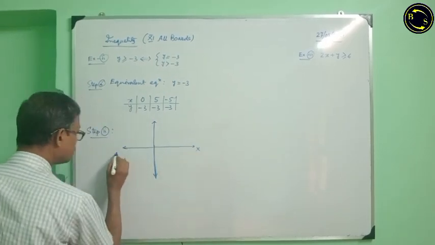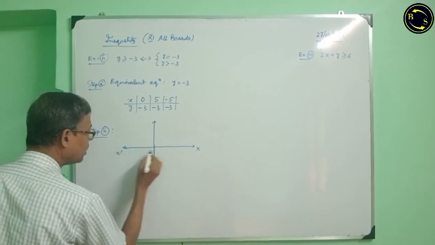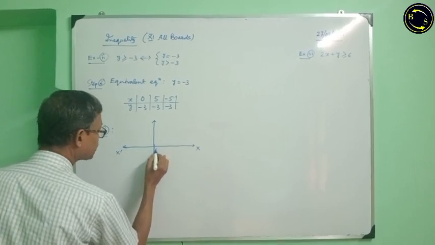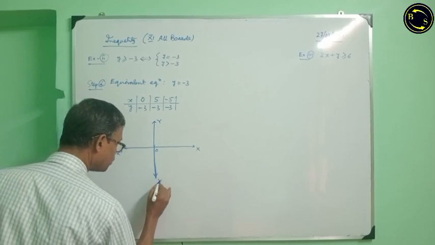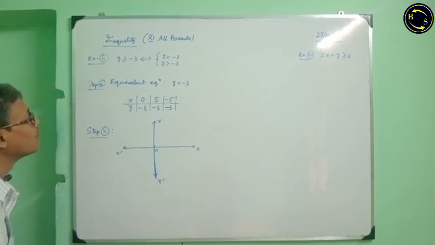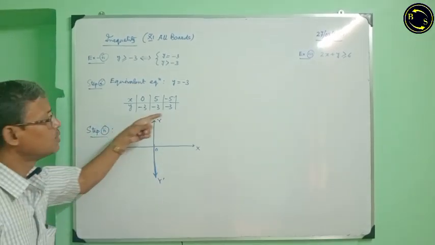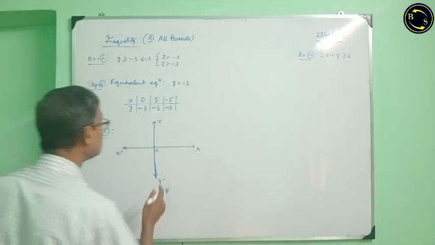Mark the axis by writing X O X dash, Y O Y dash. Y is equal to minus 3.